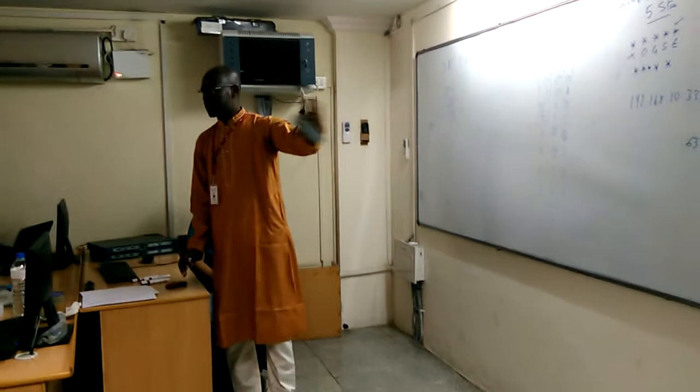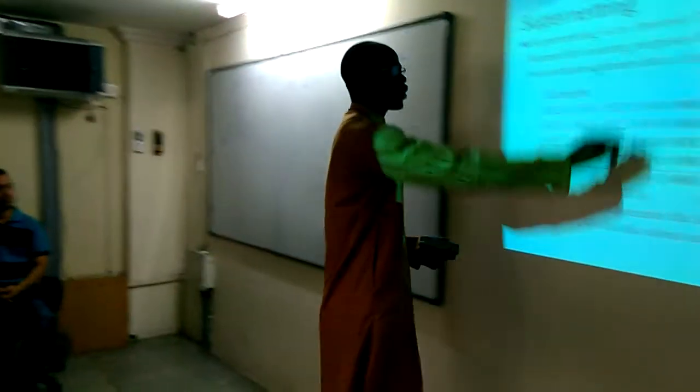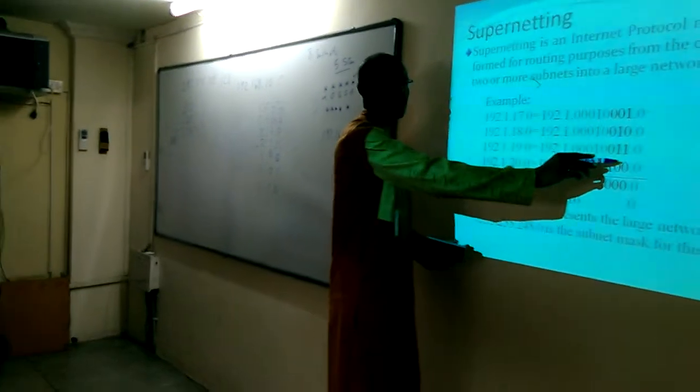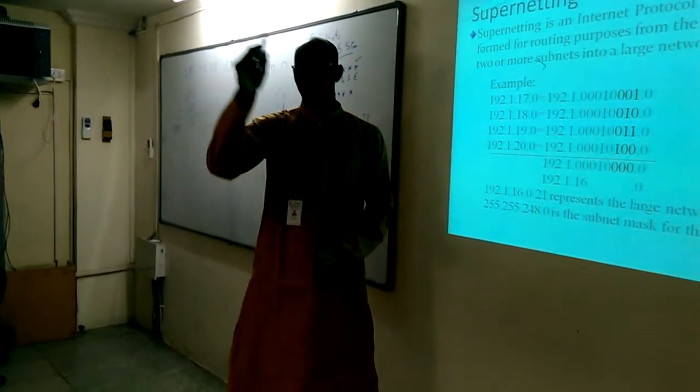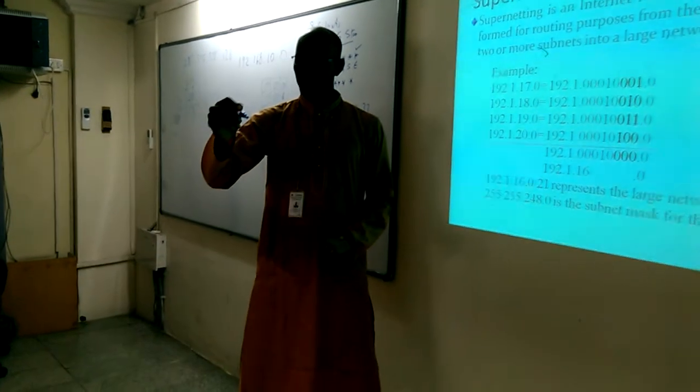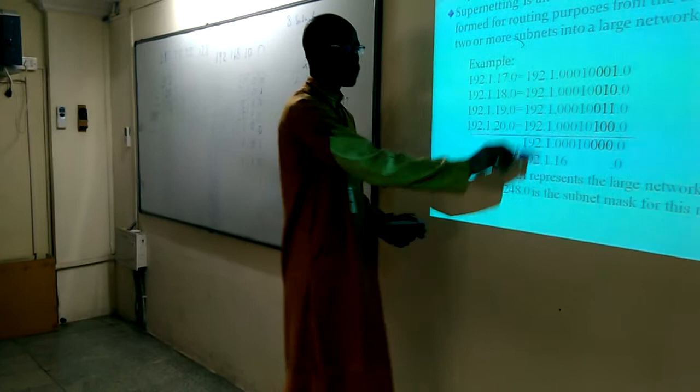Finding this is easy, man. Each time you see 0 here, forget the 1. Just put 0. 1, 0, 1, 0, you put 0. If you have the same here, 1, 1, 1, 1 is 1.